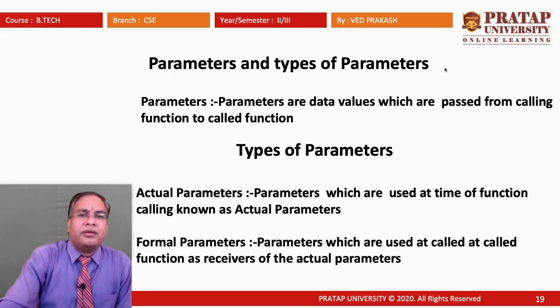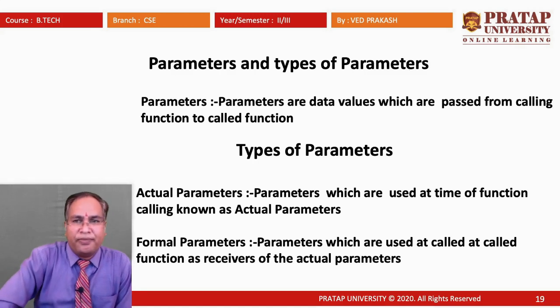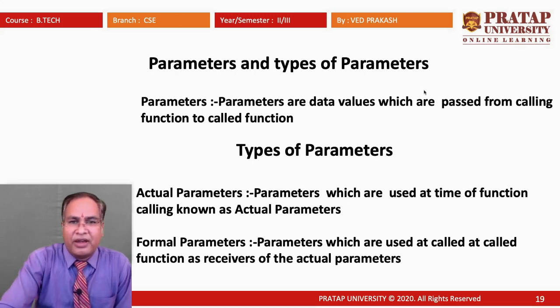Parameters are data values which are passed from the calling function to the called function, and these parameters may have some data type and a variable, or they may take constant values. There are basically two types of parameters: actual parameter and formal parameter.